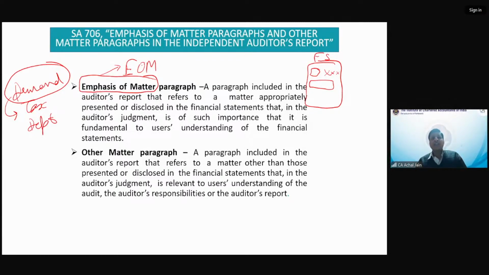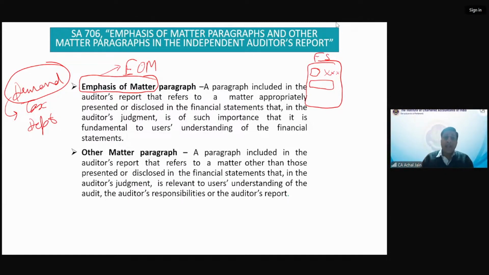For example, if there is something very important, what will you do? Tell me. You will underline that, you will write that in bold, or maybe you'll use a highlighter. Yes or no? So these are the things you'll do.